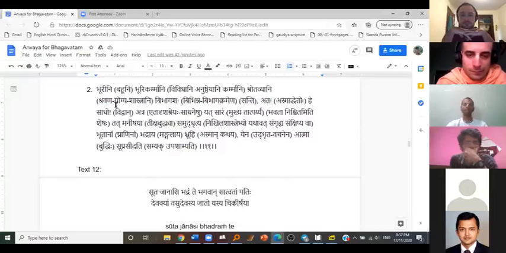Shrotavyani, Shravana Yogya Shastrani. The Shastras which are qualified to be heard. Vibhagashah, Vibhinna Vibhaga Kramena, in a sequence properly divided, as per the adhikara of the Shrota, basically.